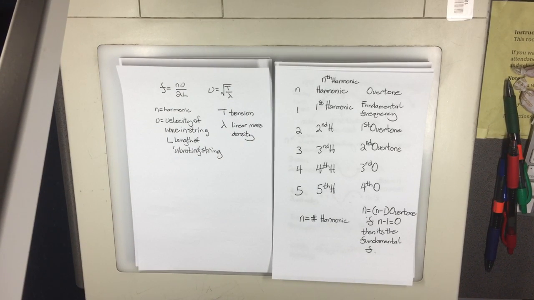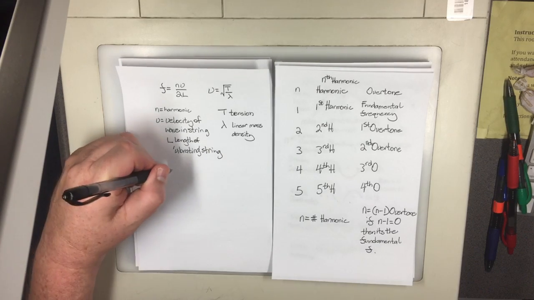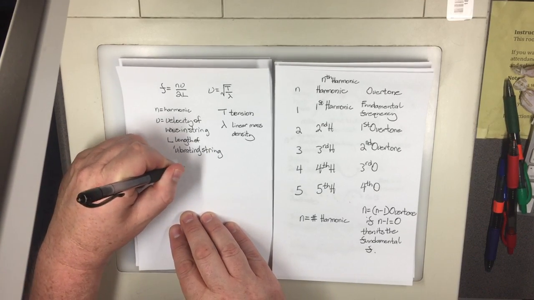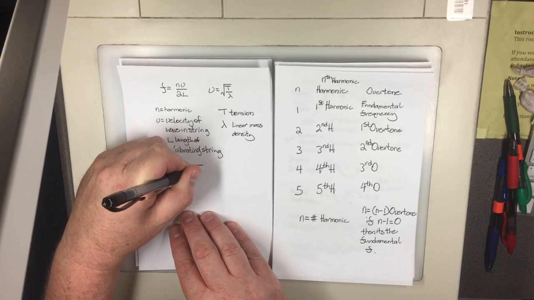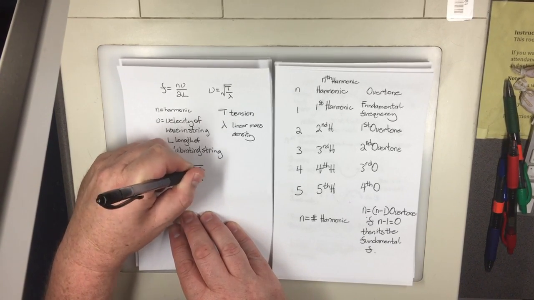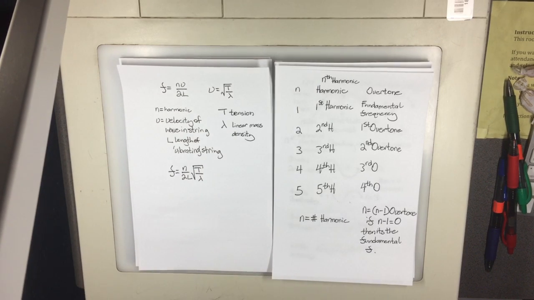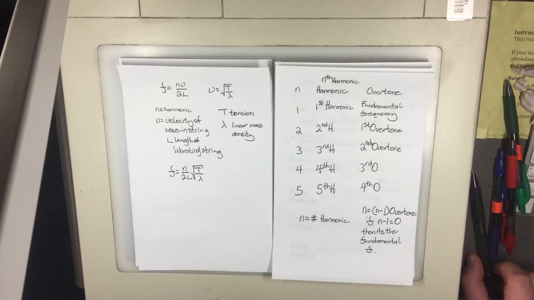Let's put these two together. Frequency is N over 2L times the square root of T over lambda. And so that is the resonant frequency of a string.